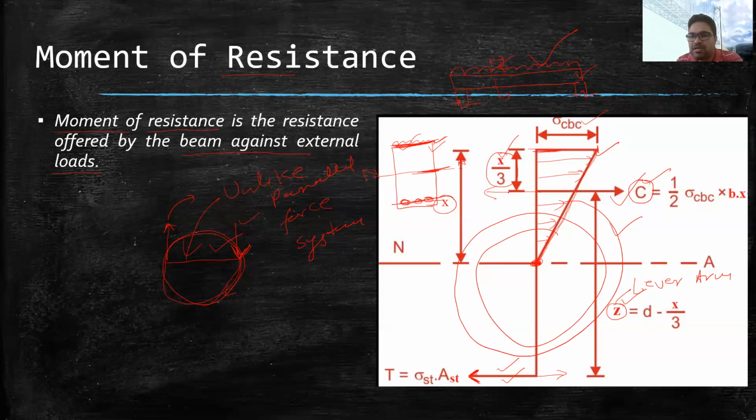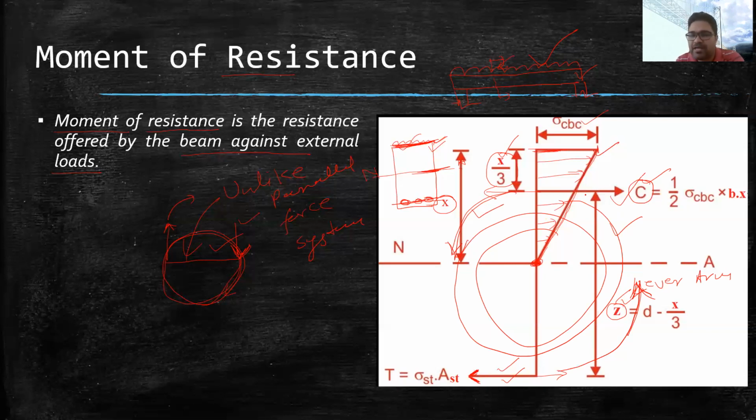So there will be a couple in the opposite direction like this. So the couple offered by this and this, this is being offered by the beam resistance, and the magnitude of this couple will be termed as the moment of resistance.